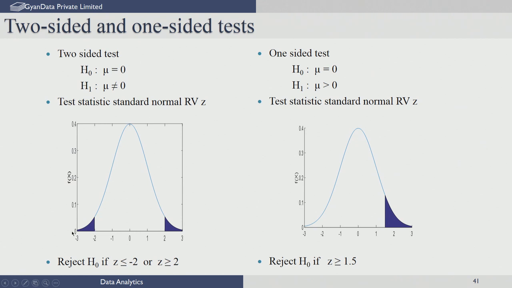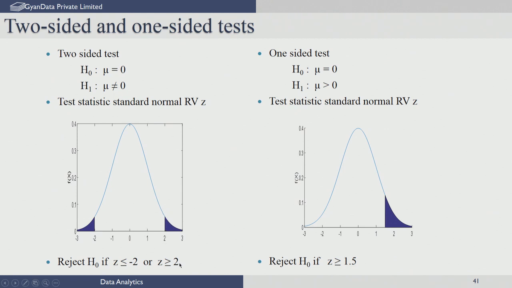If it is less than -2, we reject the null hypothesis. So, in this case, we reject the null hypothesis if the test statistic is less than a particular threshold value, in this case I have chosen -2, or if the statistic is greater than the threshold value, which is +2.